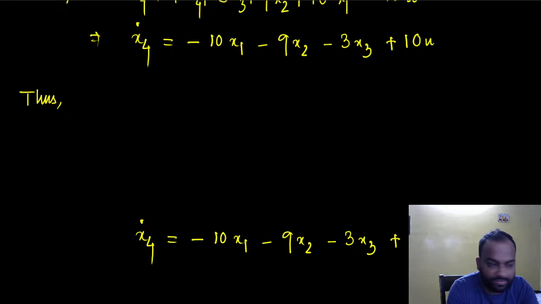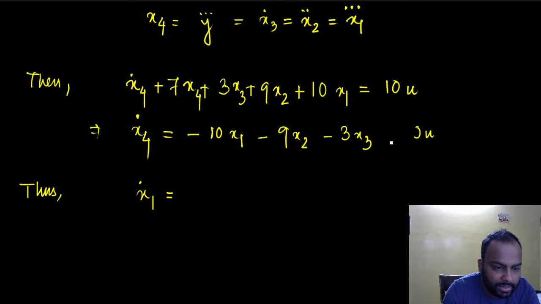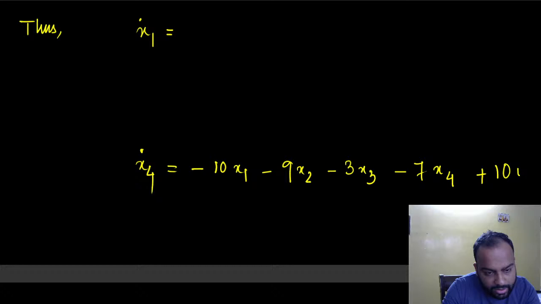So x1 dot, what is x1 dot? That's x2. Sorry, I had skipped x4. Minus 7x4 plus 10u.